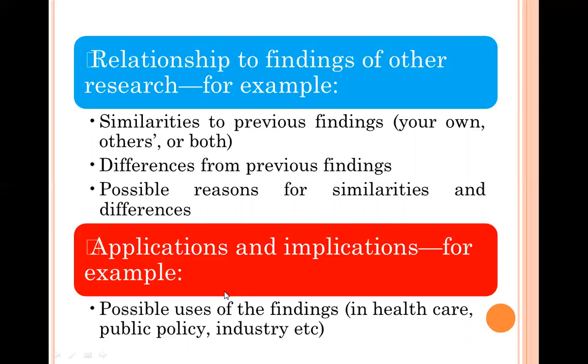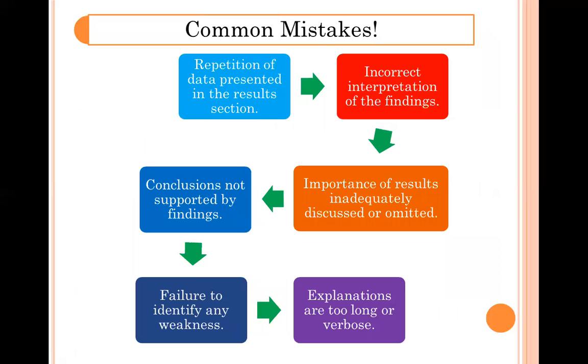Practical implications or possible uses of your findings come. And what are the common mistakes people normally make? They may not be able to interpret the findings correctly. Some of the important results they might have discussed very leniently, or they may omit to discuss some of the very important findings.